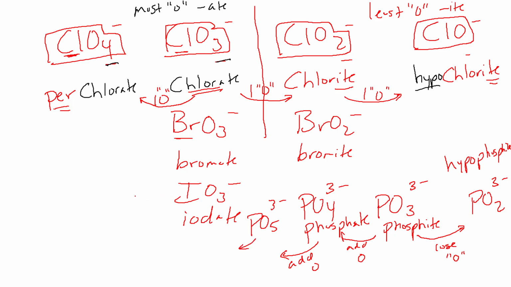And that is a group of 4, the most, perphosphate. So again, if you kind of know how to adjust, you could actually adjust anything by just knowing either the ate or the ite and know how many oxygens to put on or take off.